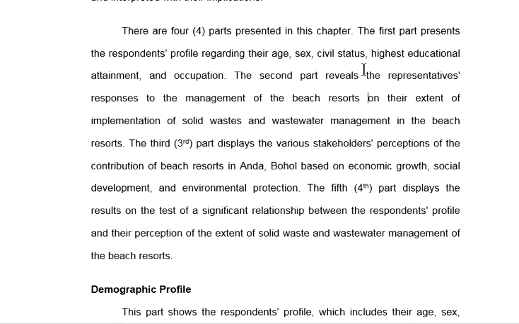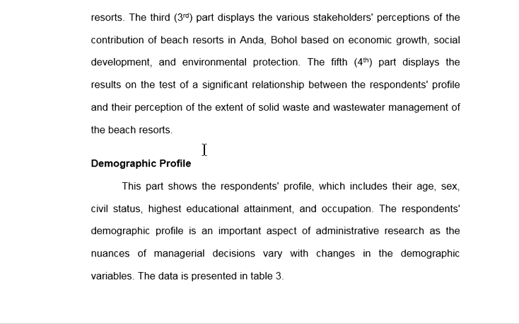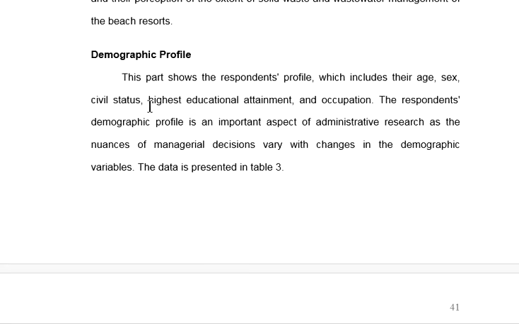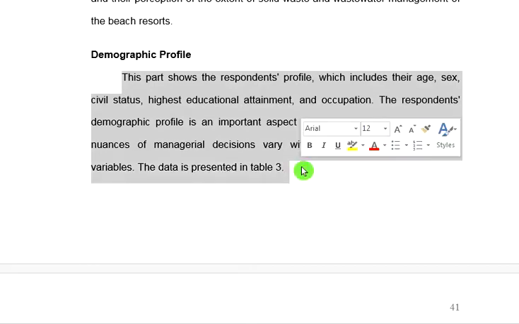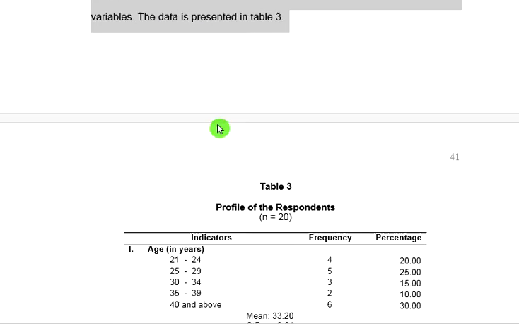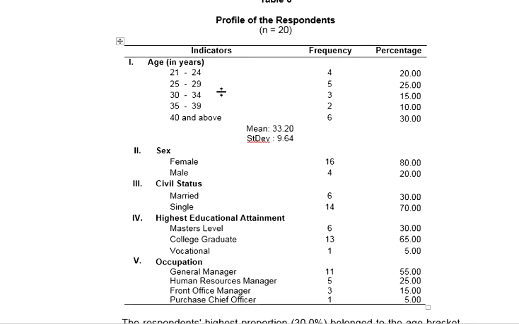So again, the first part is the presentation of the respondents' profile. Below here is the demographic profile, or the respondents' profile. So the description here only discusses the demographic profile. This is a specific statement that summarizes the table here.